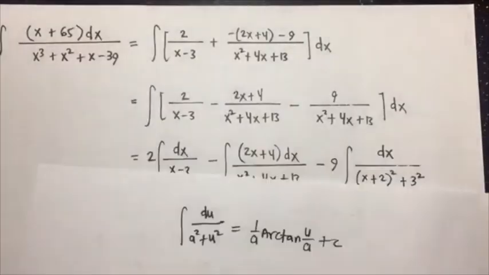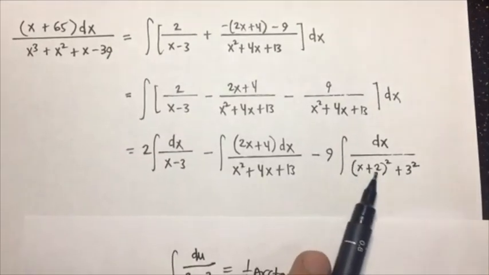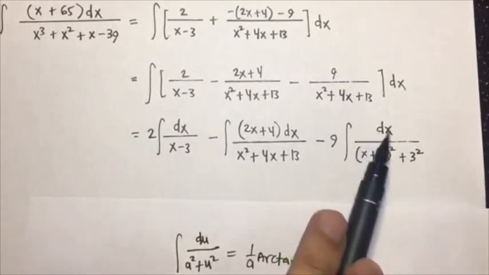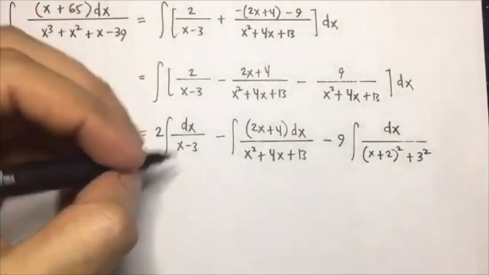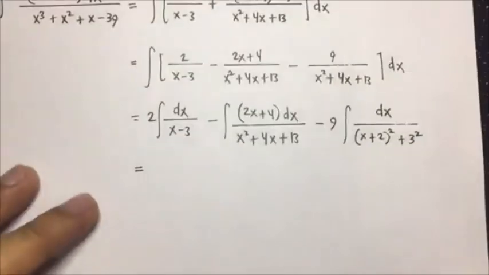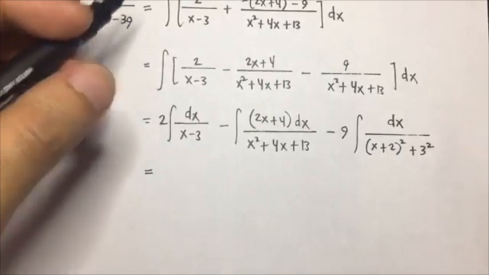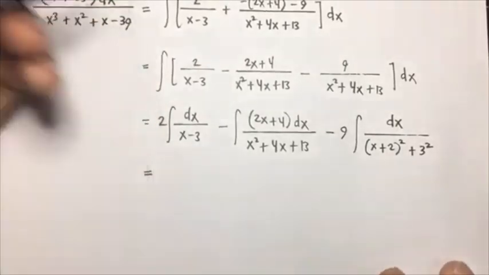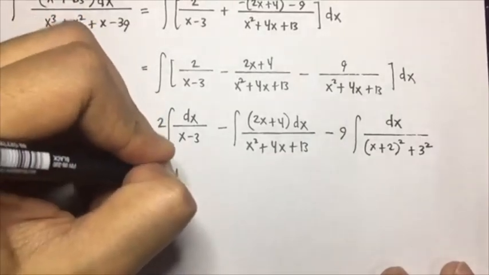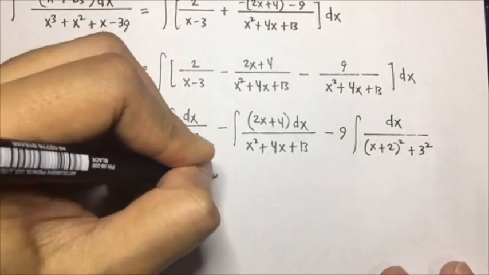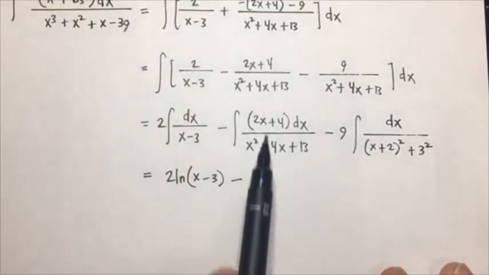Okay, so again in the formula, so we have our u as x plus 2, its du is dx. So the numerator is the complete differential of u, so therefore we are good to go. So we can now integrate this. So 2 integral of dx over x minus 3, that is 2 ln of x minus 3. Okay, minus, this one is also natural logarithm.